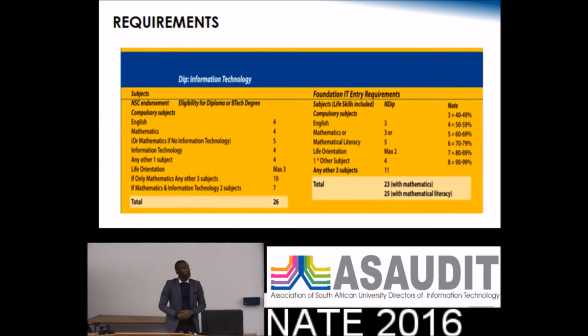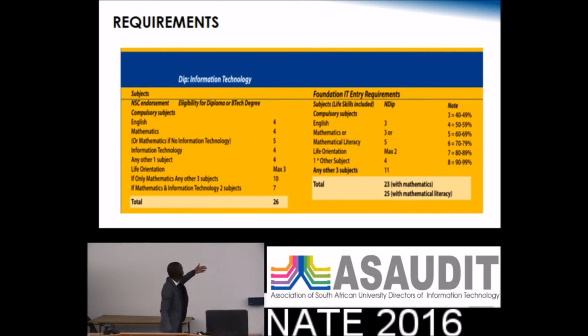Okay, requirements. I'm just going to show you what I mean when I say complex requirements and different requirements. So this is the admission requirements for information technology. I'm not sure if you can see, but I'll just read for you. It says some compulsory subjects, of which is English.